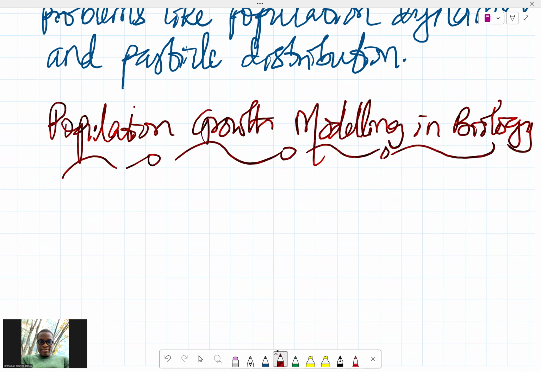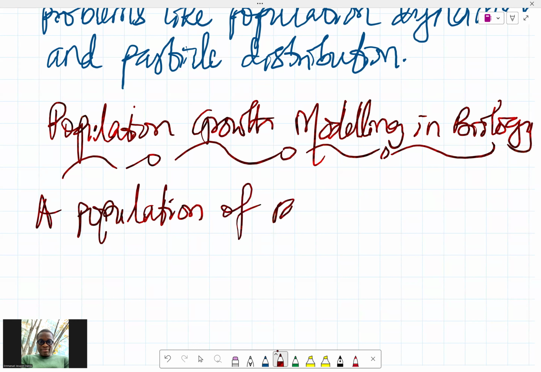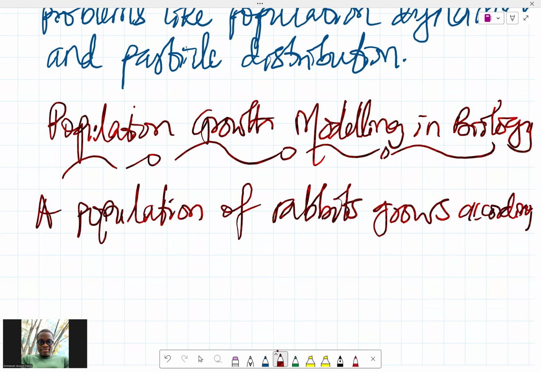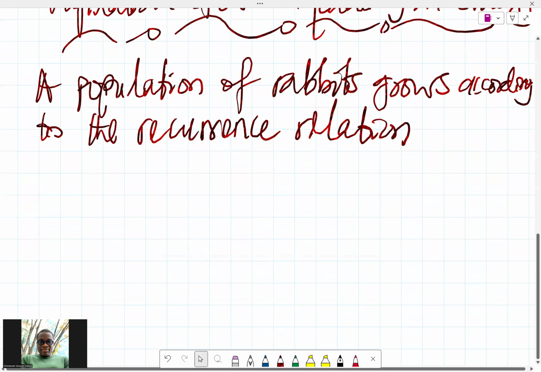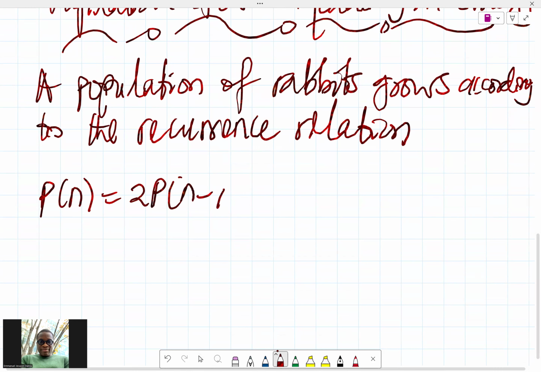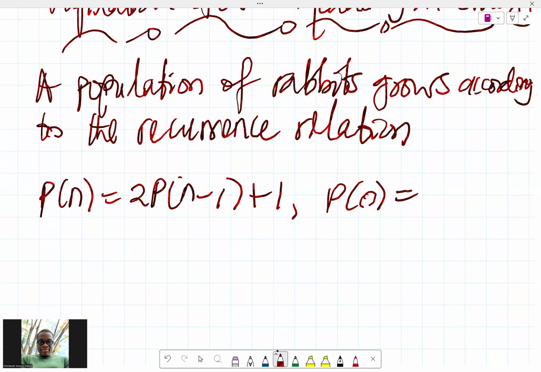We have this interesting question: a population of rabbits grows according to the recurrence relation P(n) = 2P(n-1) + 1, where P(0) = 1.